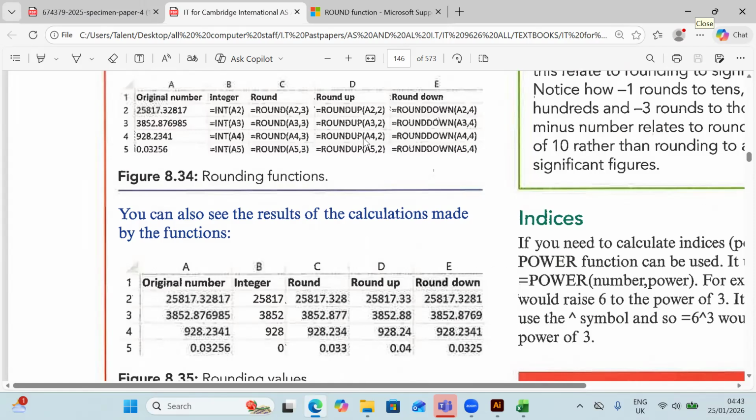But when we talk about round up now and round down, this just follows simple rules, right? On round up, you move the number of decimal places you've been required and you just increase by 1. You don't check whether the value after is below 5 or above 5.